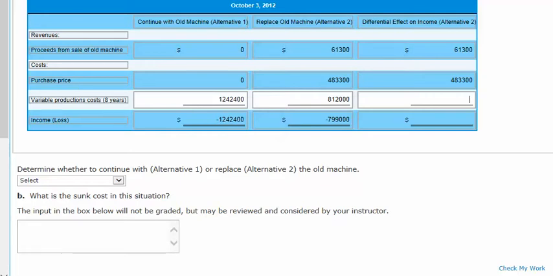And the difference in the variable production cost for the 8 years, I'll take the 1,242,400 minus the 812,000, and the variable cost over the 8 years will reduce by 430,400, and I can find my difference in the overall consideration.